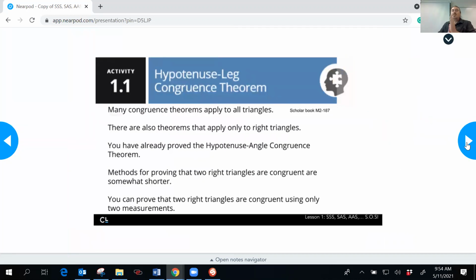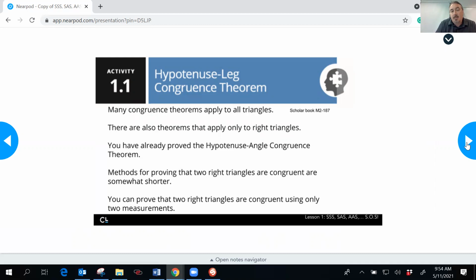So the hypotenuse leg congruency theorem. Let me read this out to you. Many congruency theorems apply to all right triangles. There are also theorems that apply only to right triangles.